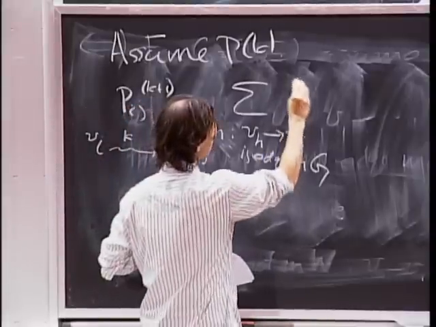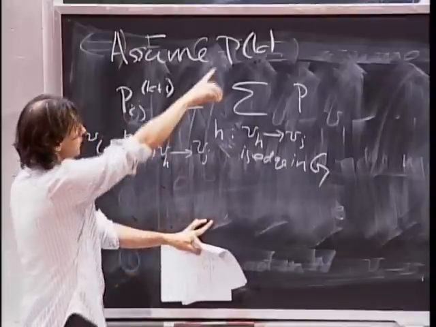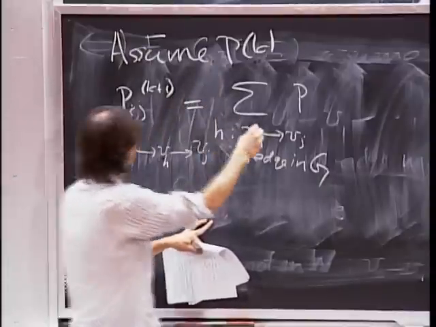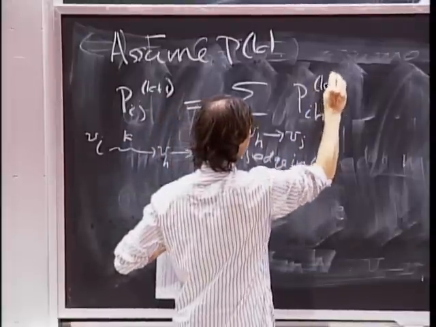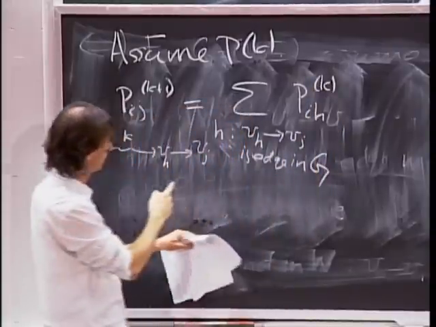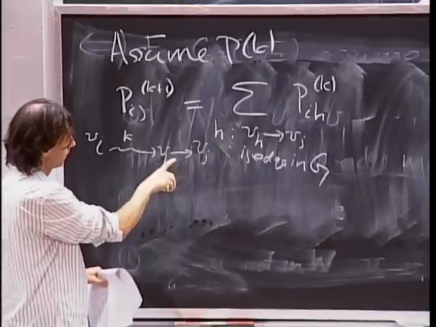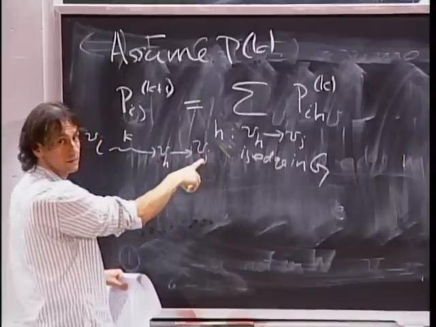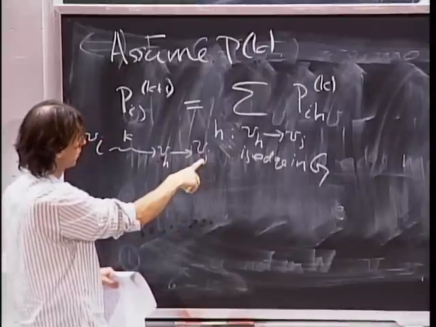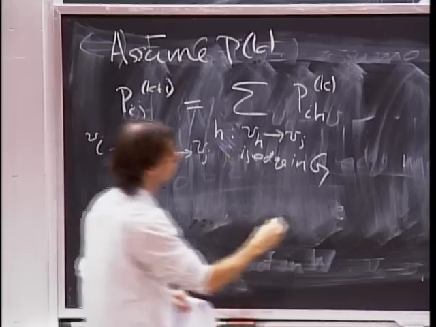So how many walks are there? Well, we can use the induction hypothesis now, right? So we can say we go from i to h in k steps, and then we can use this particular edge to complete it to a k plus 1th walk from i to j.